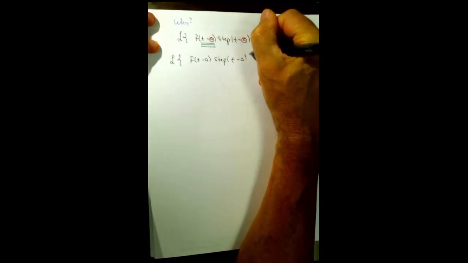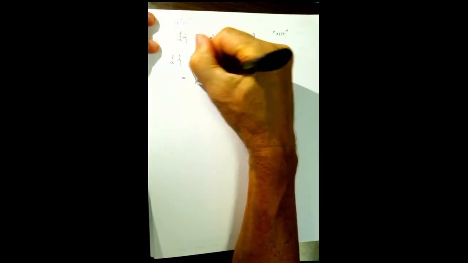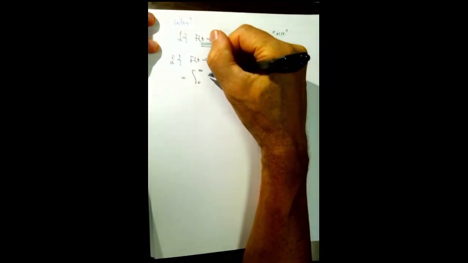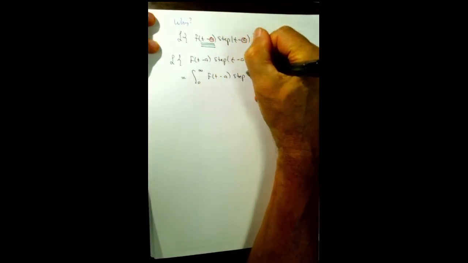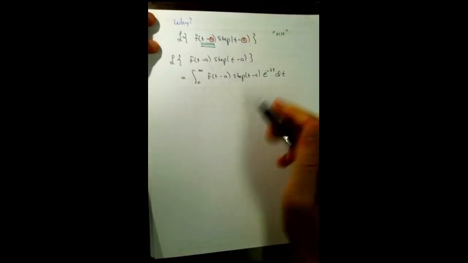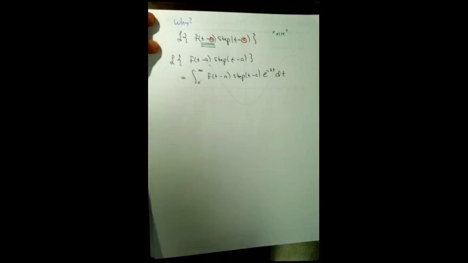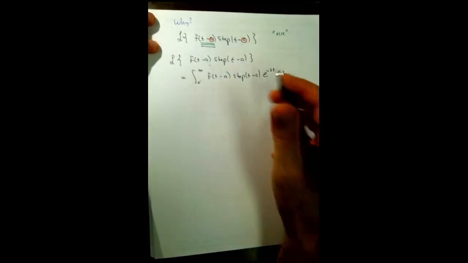Let's look at this thing, though, and see what we can do with this. From the definition of the Laplace transform, I just take my function, multiply by e to the minus st, and then integrate from 0 to infinity with respect to dt. Here's the thing.